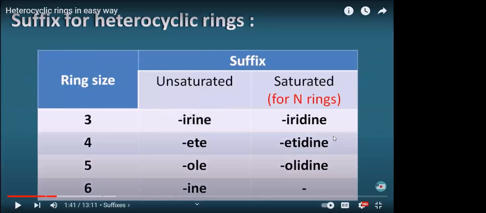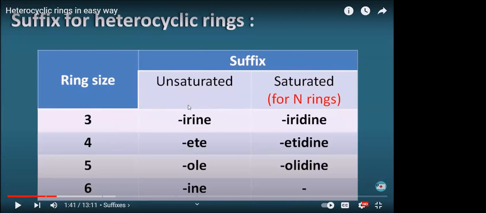Okay, just as I was telling you, we have different ring sizes, and they exist as either unsaturated or saturated. So when we are naming them, we need to be aware of whether the structure is unsaturated or saturated.